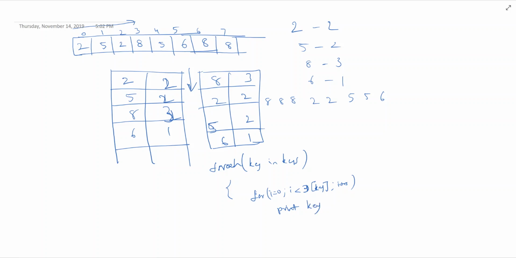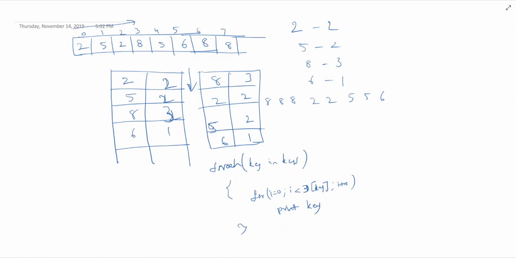So once it is done, it will go to the next key 2 in the keys, so d of 2 will be 2, again it will print 2 two times, and 5 two times, 6 one time. This is how we print it.